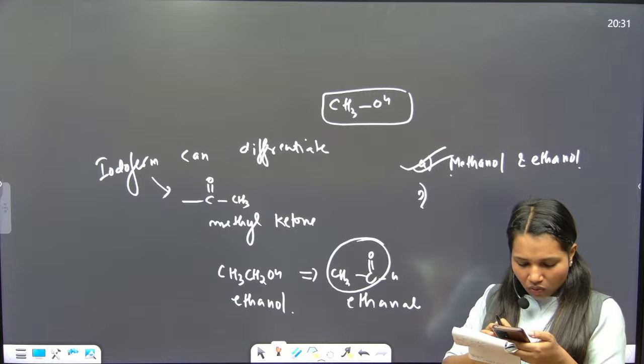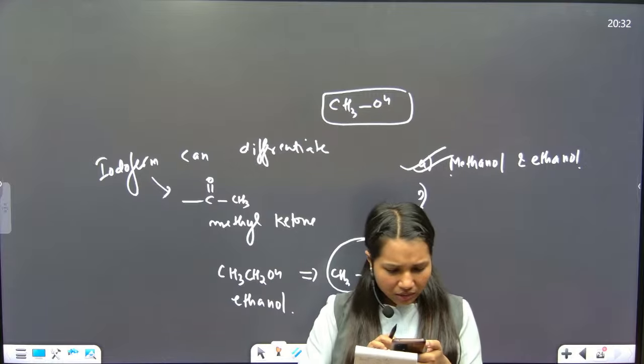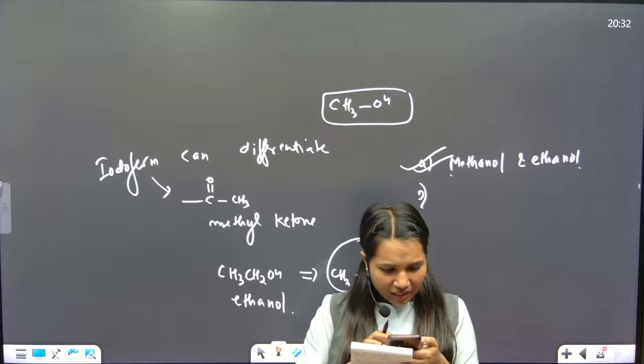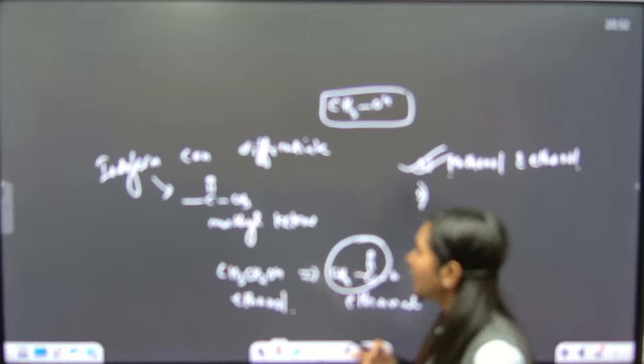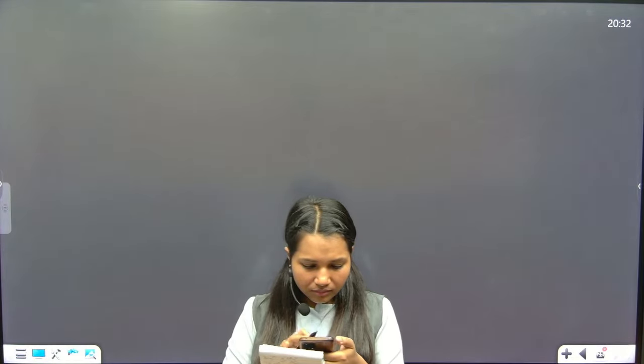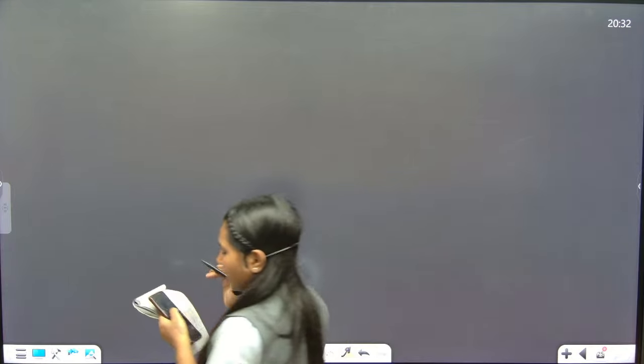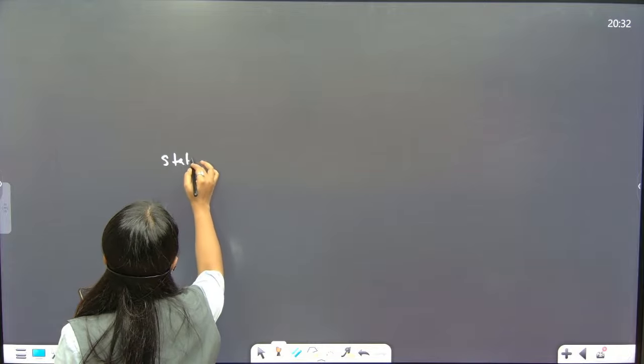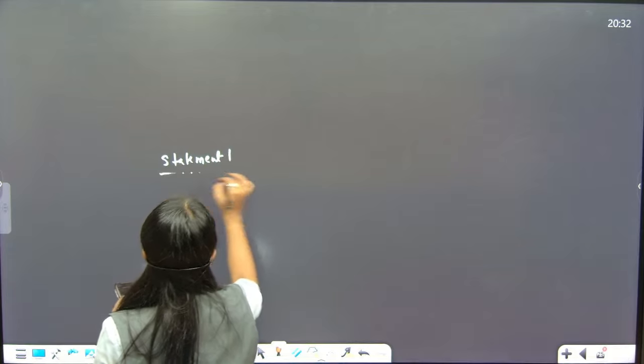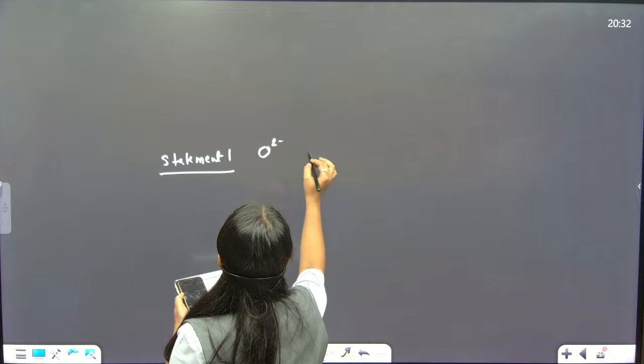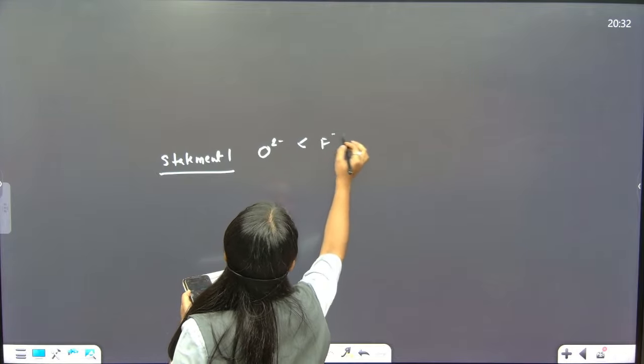Okay, so I have one more question left. We'll discuss this. Okay, fine. So it is a statement based question. Statement 1: size of O2 minus is smaller than F minus.